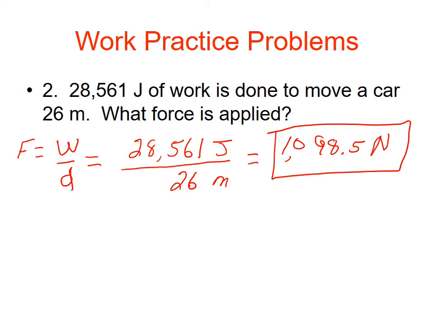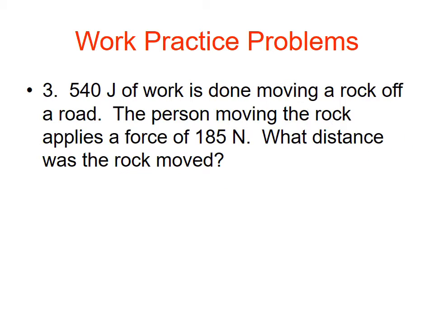So it would be 1,098.5 newtons. So in this practice problem number 3, it says we have 540 joules of work is done moving a rock off a road. The person moving the rock applies a force of 185 newtons. What distance was the rock moved? So here our equation would be distance is equal to the work divided by force.